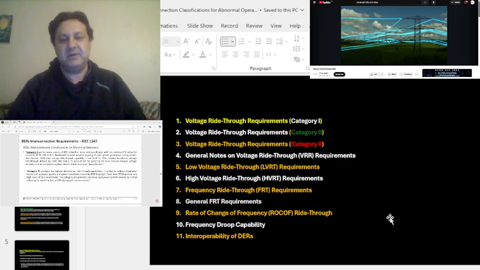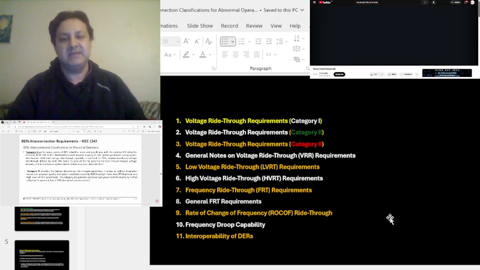We will be talking about voltage ride-through requirements, category 1, category 2 and category 3, and journal notes on voltage ride-through and VRT requirements.